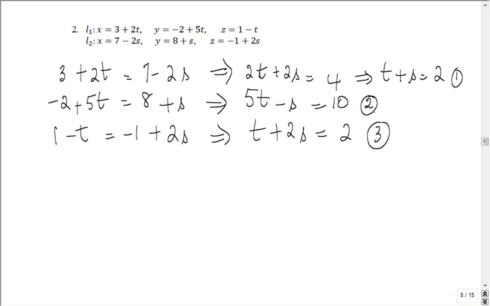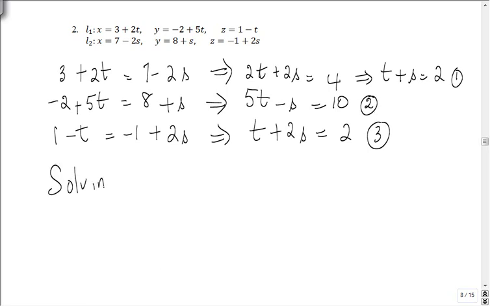When you have done that, substitute these values into your third equation. If it satisfies the third equation, then you're done. The lines intersect. If the parameters do not satisfy the third equation, then the lines do not intersect. Okay, so let's see, which 2 are we going to choose? Let's choose the first and the second. I think we can add these 2.